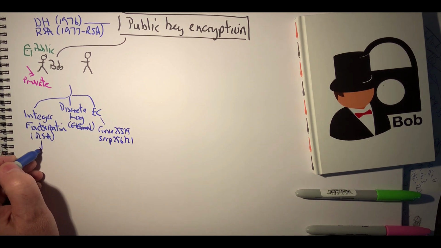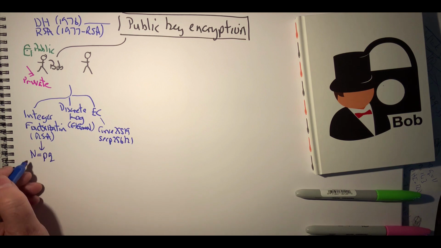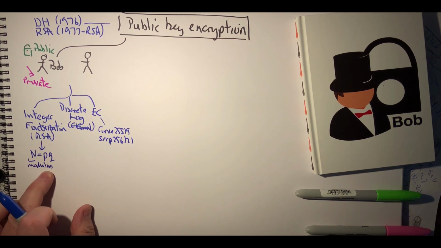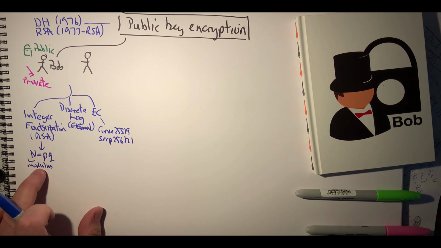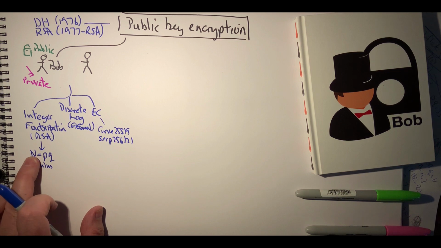When it comes to this, the difficult problem is that we have two prime numbers and we create what's called a modulus. And the difficulty is it's difficult to find the two prime numbers which created a given modulus.